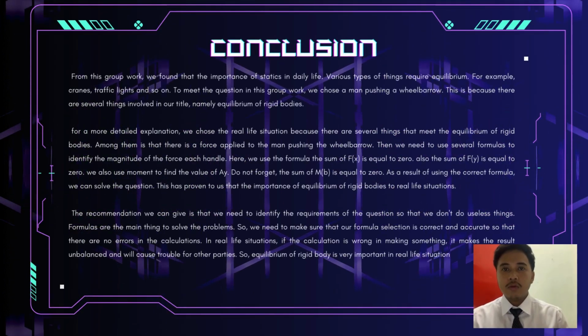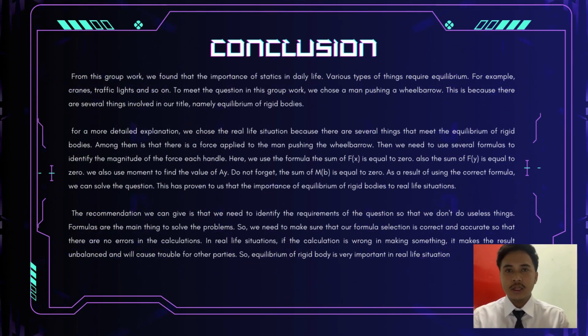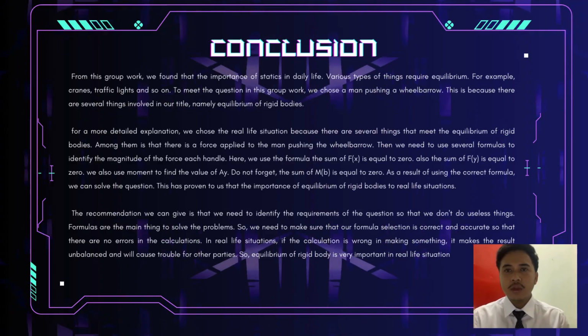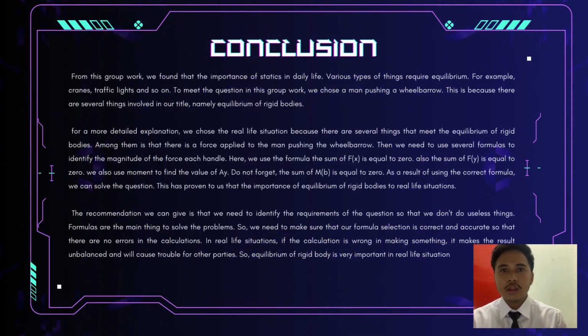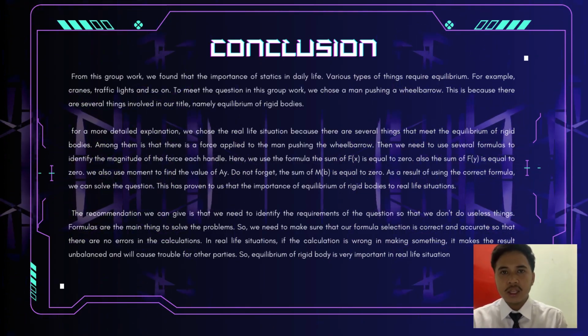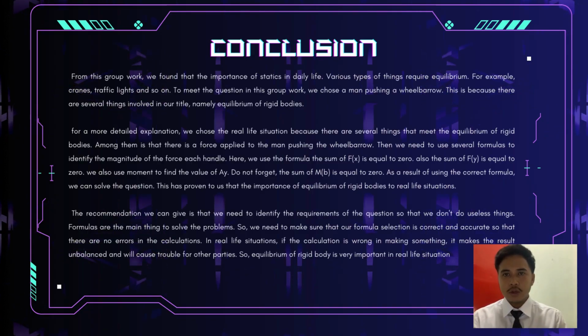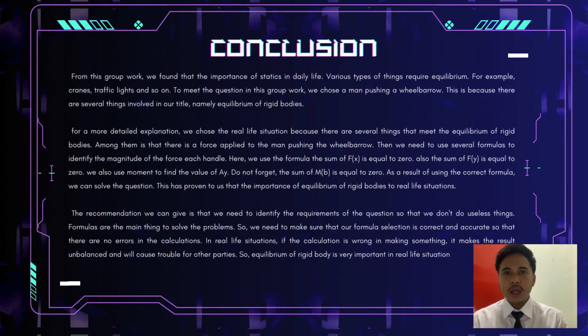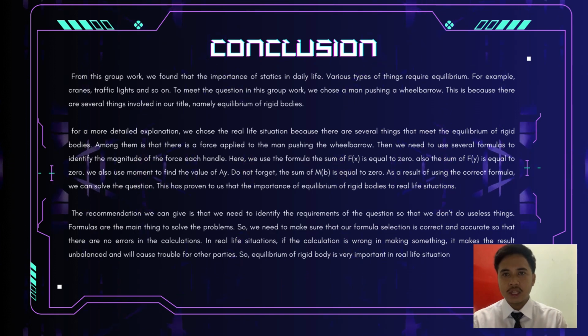Okay, now we go to the recommendation. The recommendation we can give is that we need to identify the requirement of the question so that we don't do useless things. Formulas are the main things to solve the problem. So, we need to make sure that our formula selection is correct and accurate so that there are no errors in calculation.